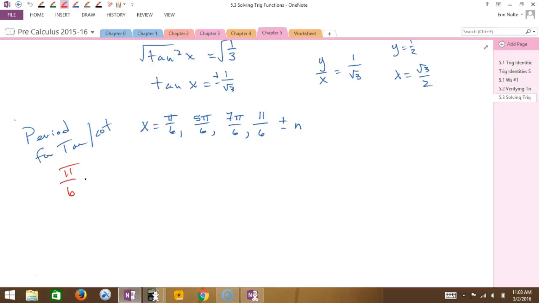The sine function duplicated every full revolution, but the tangent and cotangent made a John Travolta and then a second one, which is exactly the same as the first part, because of the y over the x thing. So that's why that makes sense.